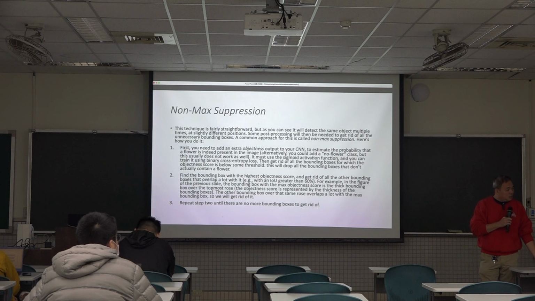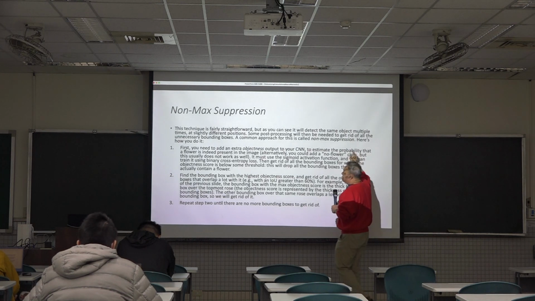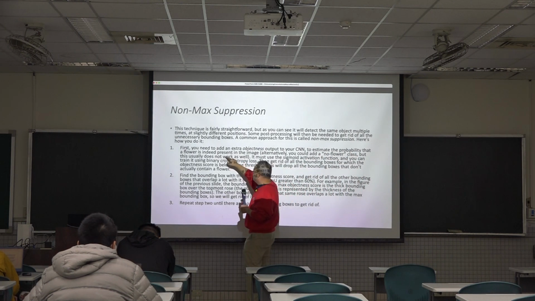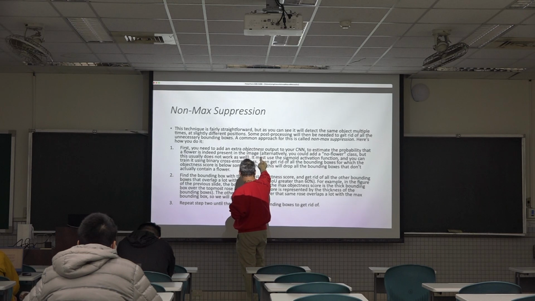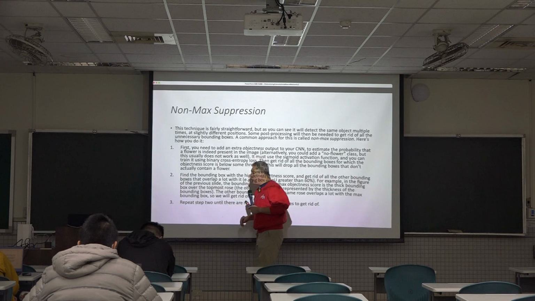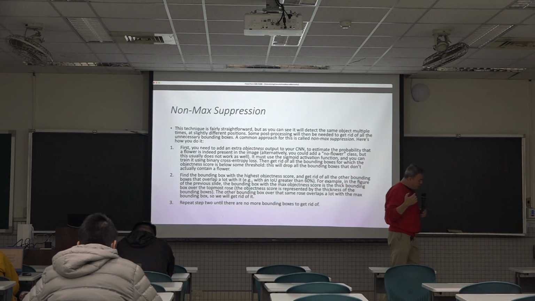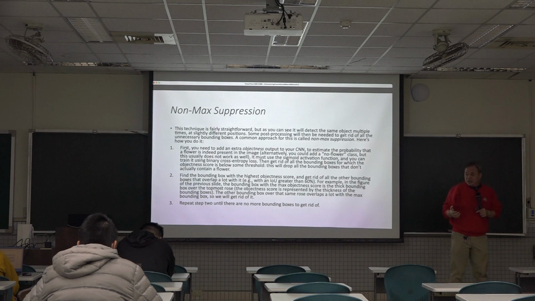So now we need one more output. This output represents the probability that a flower is indeed present in the image. Even though here we say it's a probability, normally we call that output objectness.